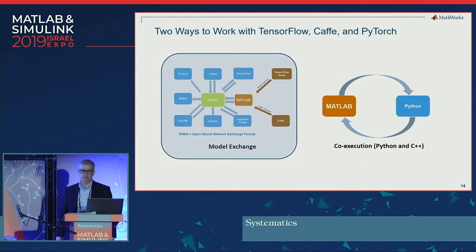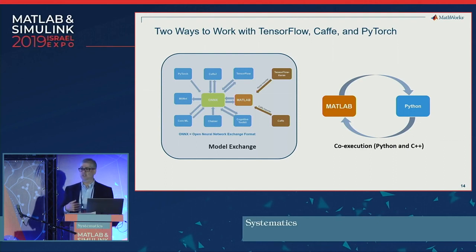Speaking of using both together, this is what I was talking about before, where they were using MATLAB and Caffe together. There are two different ways in which we're supporting the use of artificial intelligence frameworks along with MATLAB. One is model exchange.